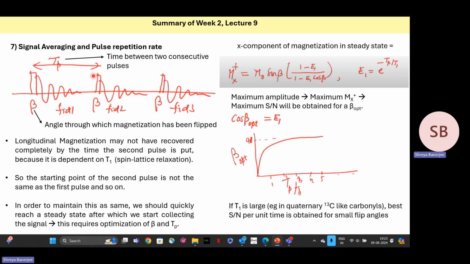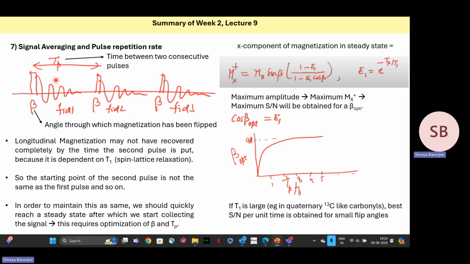Then again we apply a 90-degree pulse and get an FID. Like this, multiple FIDs are collected and summed up in order to get a strong enough signal to noise ratio. The time between two consecutive pulses is what we consider as TP.